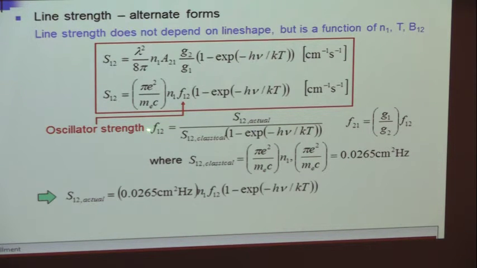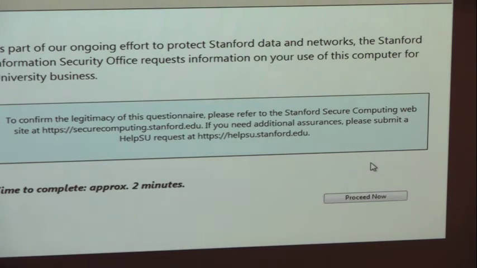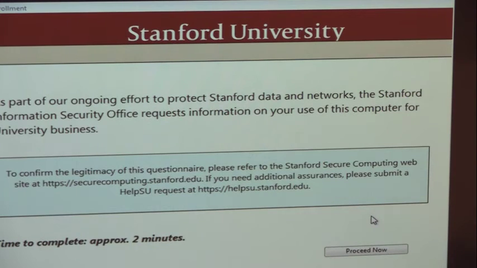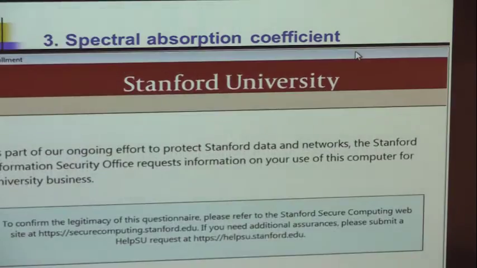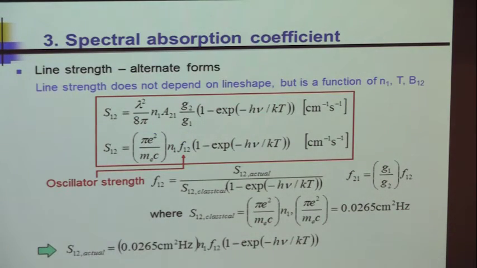So if this number is big, like say 0.7, that means it's a very strong transition. If it's 10 to the minus 3, as we'll find it is for an electronic transition of OH, then it's not so likely. Usually in the infrared, because these do not have strong dipoles, they have very small values of the oscillator strength. Okay, so this is just summarizing this.